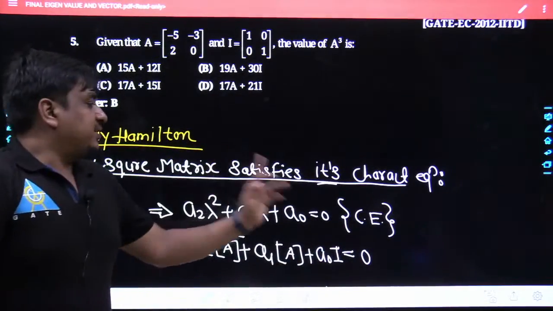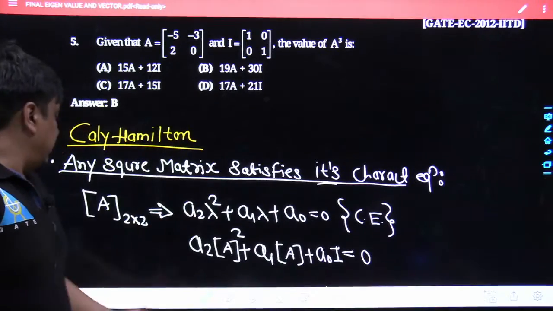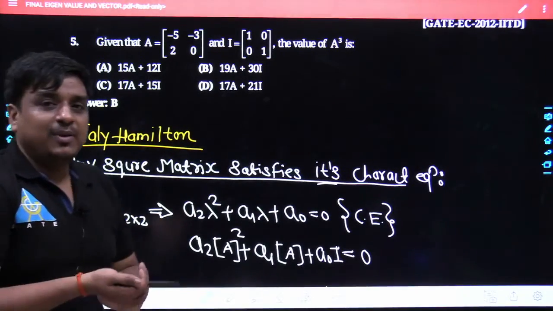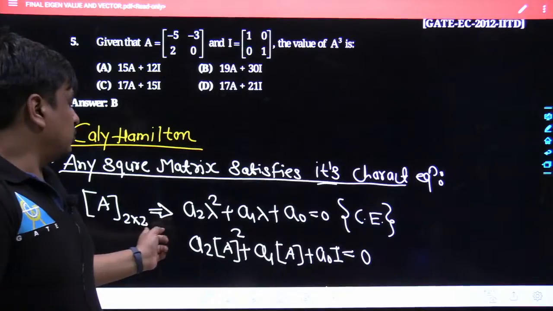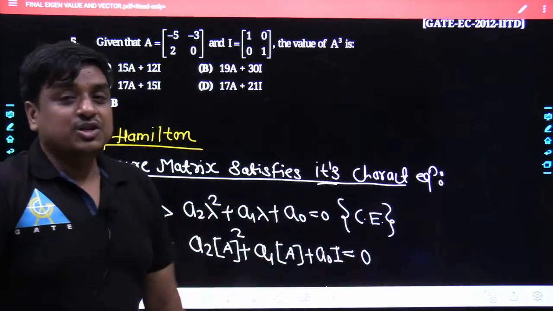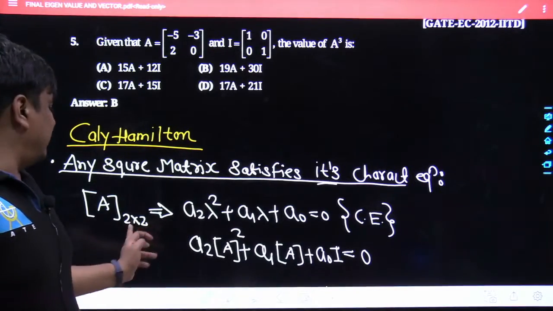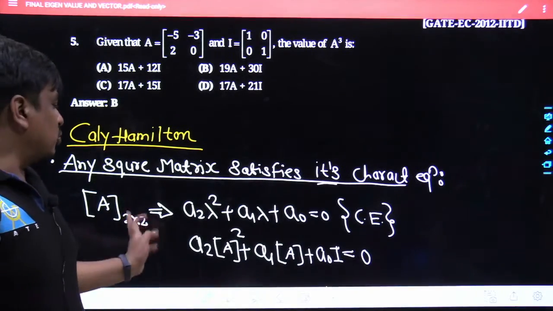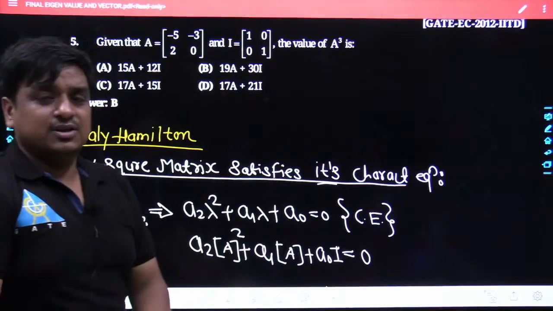So I repeat what I wanted to say. Any square matrix satisfies its own characteristic equation. Let's take, if you have a square matrix, maybe of order 2 cross 2, will the equation be a quadratic equation or a cubic equation? That solely depends on the order of the square matrix. If it is 2 cross 2, obviously it's going to be a quadratic equation.